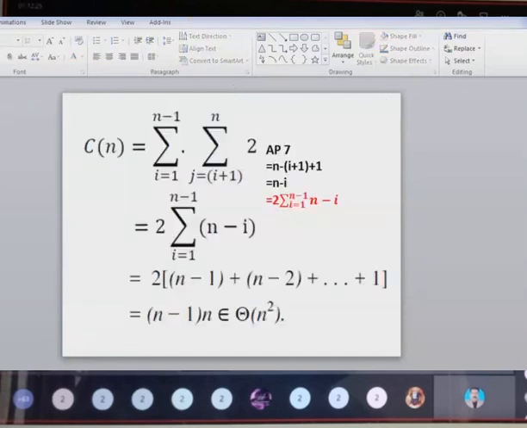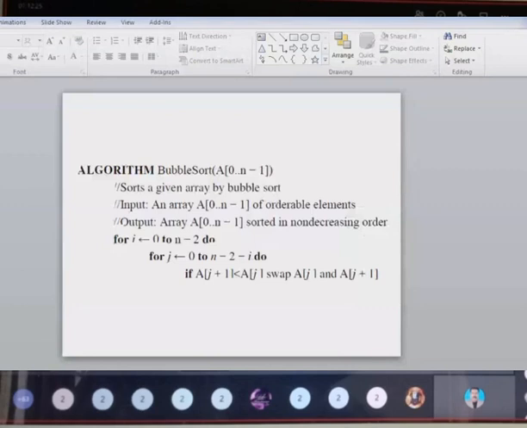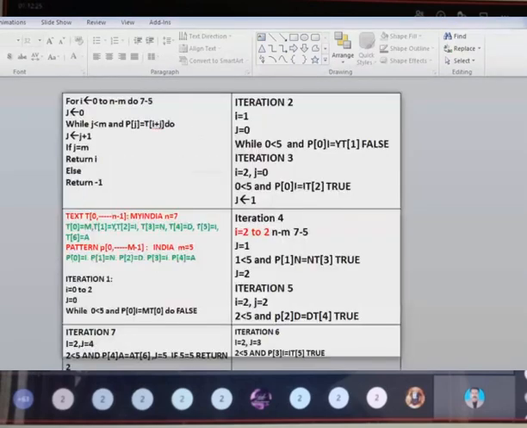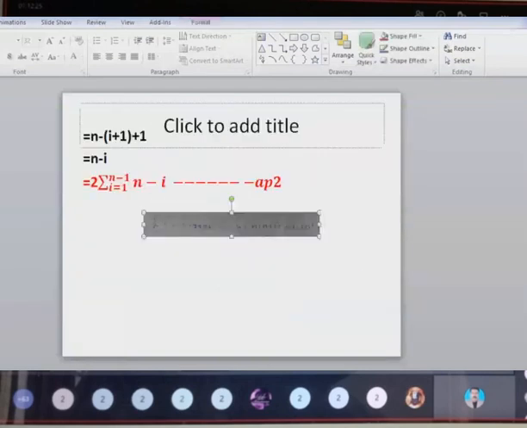Formula number 2. Now formula number 2 was, see, this is the formula, summation I equivalent to 1 to n. Okay, this is formula number 2.